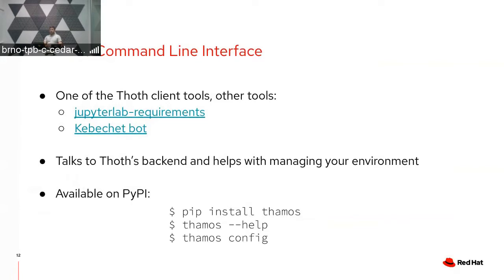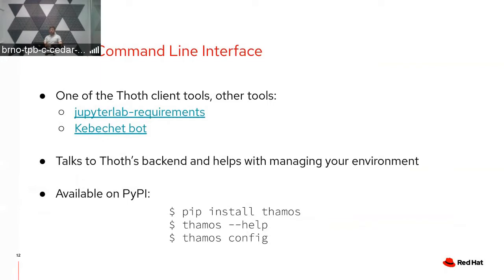If you would like to use Thoth's Cloud Resolver, one of the integration points or one of the tools that you can use is Thamos. Thamos is a command line interface to the Thoth's Cloud Resolver. So really, it's a client tool that is running inside your terminal, and you can manage your environment and your dependencies, and you can also contact Thoth's Resolver.